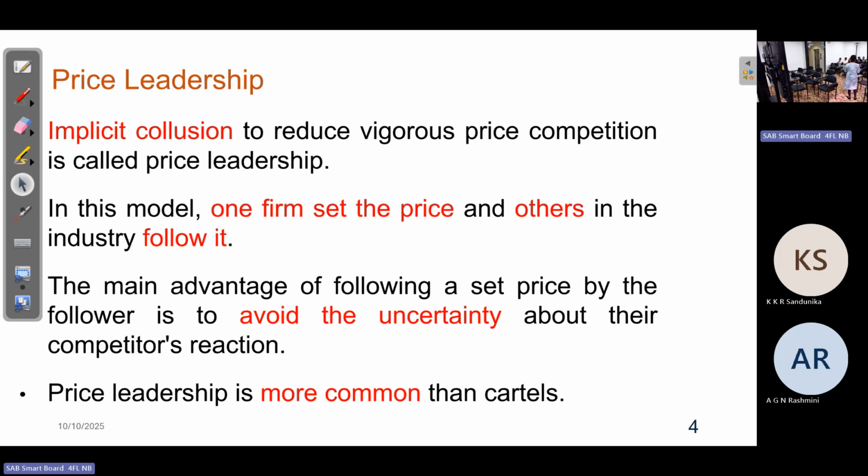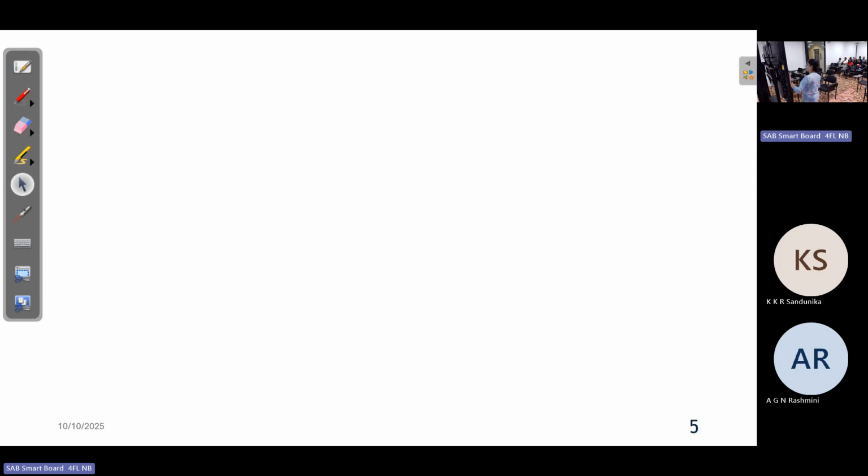Understood? Here there is no such uncertainty. The price is fixed and all agree to take that price, so the uncertainty in the price is avoided. You do not have to worry about your competitors' prices. All agree to set one fixed price. So price leadership is more common than cartels.